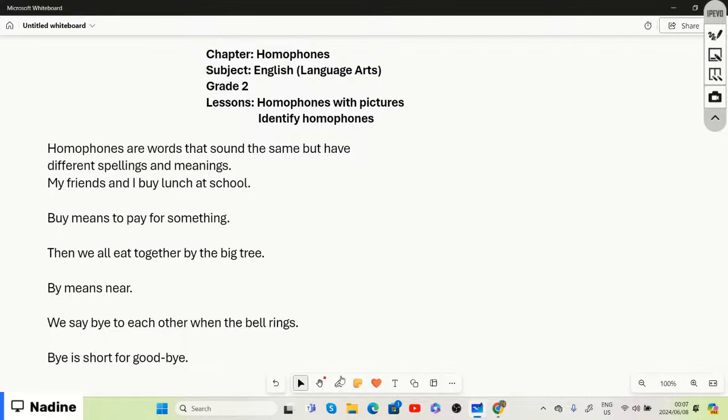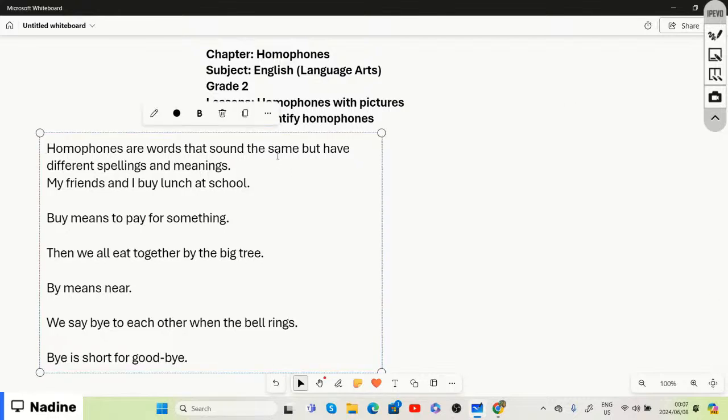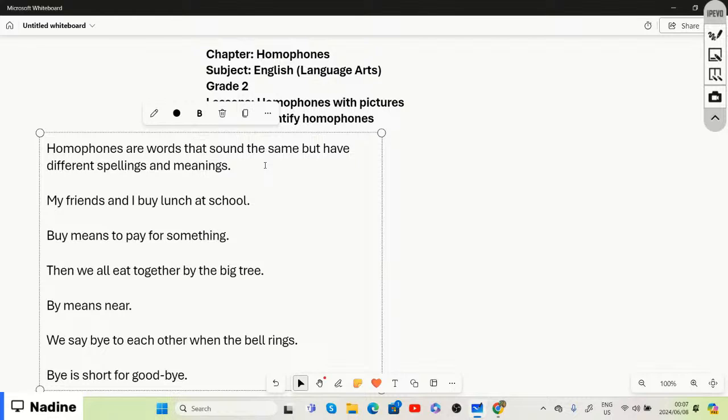So if we look at a few words of homophones, it is words like buy. This word buy, it says my friend and I buy lunch at school, right? And this word buy is like to purchase something.